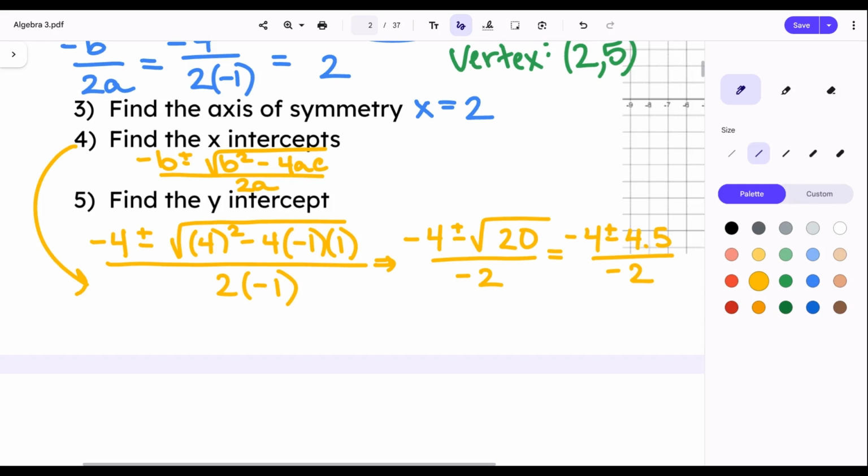So the first way would be you take -4, you add 4.5, divide it by -2. That's going to give us one of our x-intercepts, and so it's going to be some number, comma, 0. Can you guys tell me what the number is?